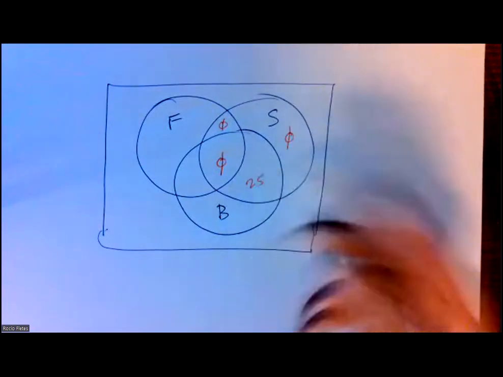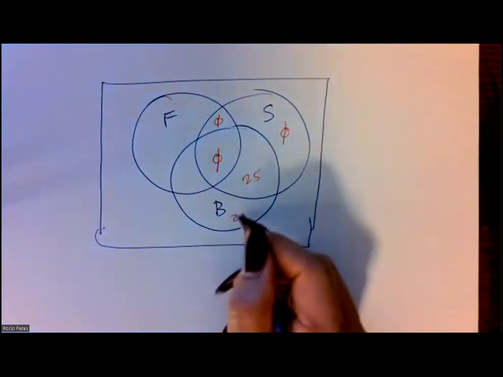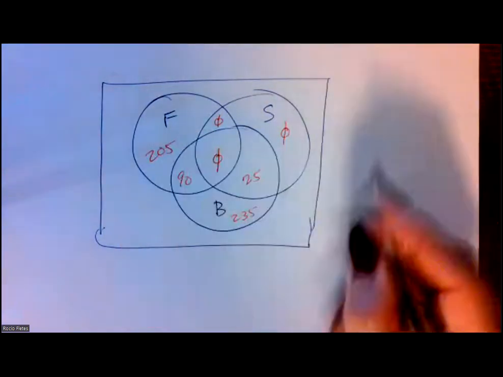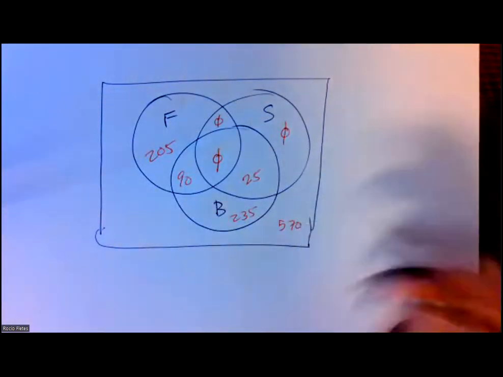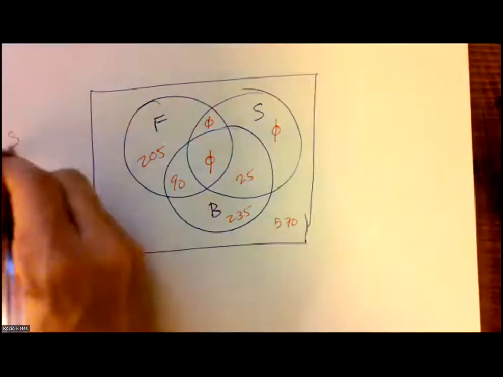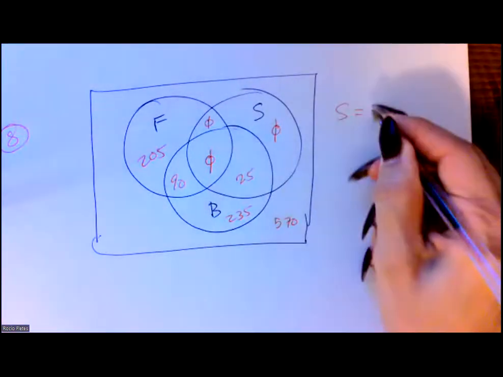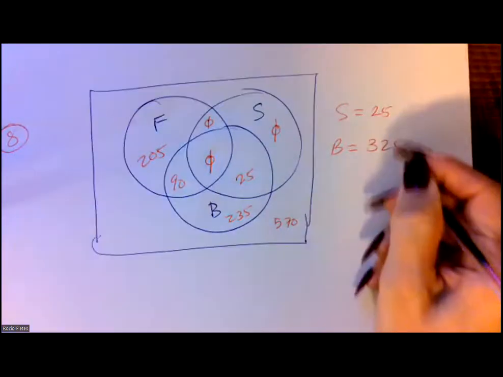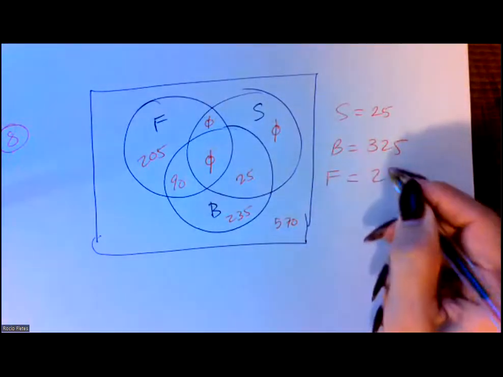This one has 25. This one has 235. This one has 90. This one has 205. And this one has 570. This comes from the fact that S is 25, B equals 325, F equals 295.